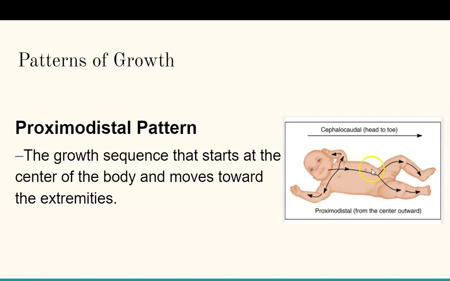So it starts from the center, and then it will go down to the legs and out to the arms. But compared to cephalocaudal, that is saying that growth starts from head to toe. So it's very important that you know the difference between the two patterns of growth for your second quiz.